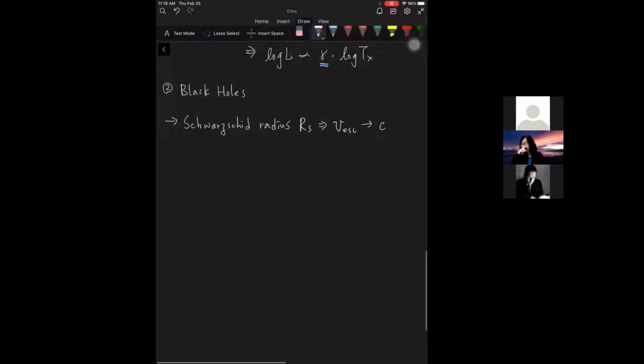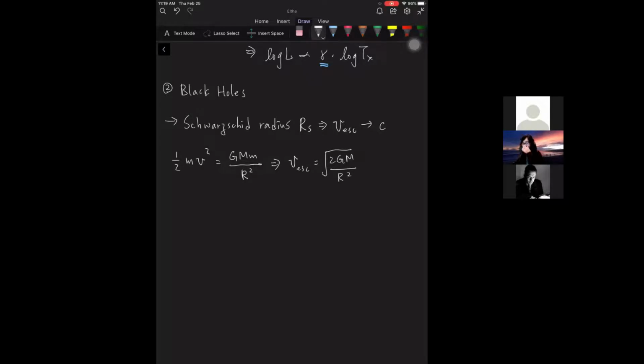To calculate the escape velocity, we can just use very simple Newtonian mechanics: when the kinetic energy is equal to the gravitational potential energy, we can get the escape velocity as the square root of 2GM over r.